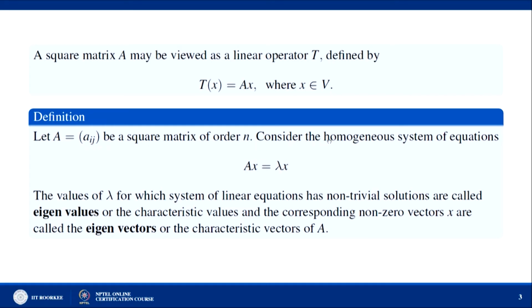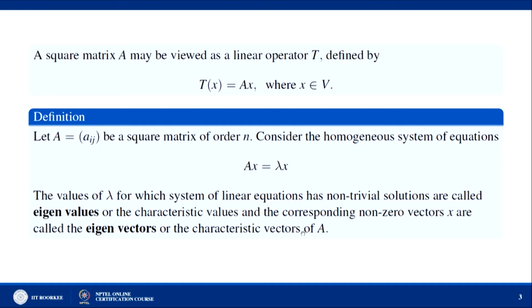Then if we consider a system of homogeneous equations Ax equals lambda x, then the values of lambda for which the system of linear equations has non-trivial solutions are called eigenvalues or the characteristic values of A, and the corresponding non-zero vectors x are called eigenvectors or the characteristic vectors of A.